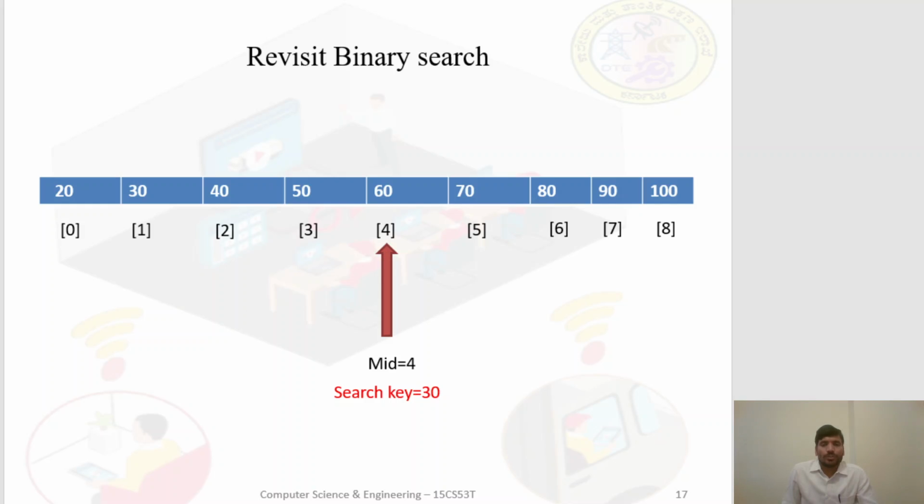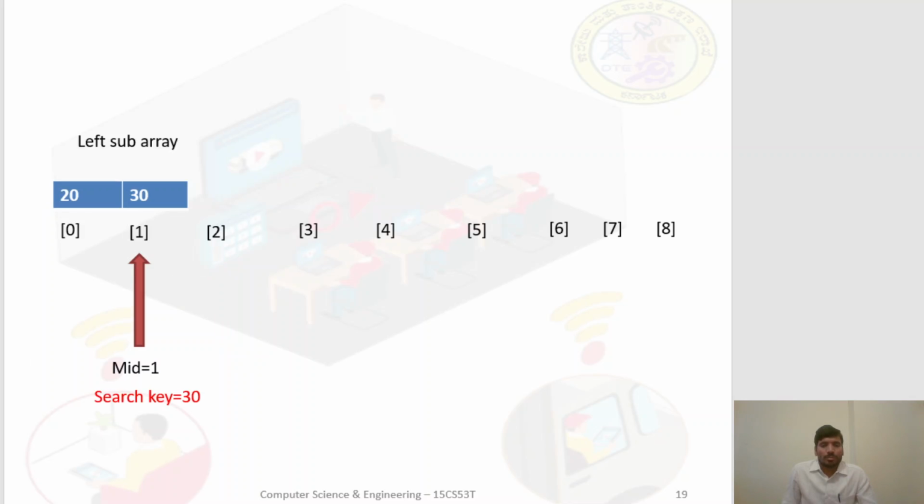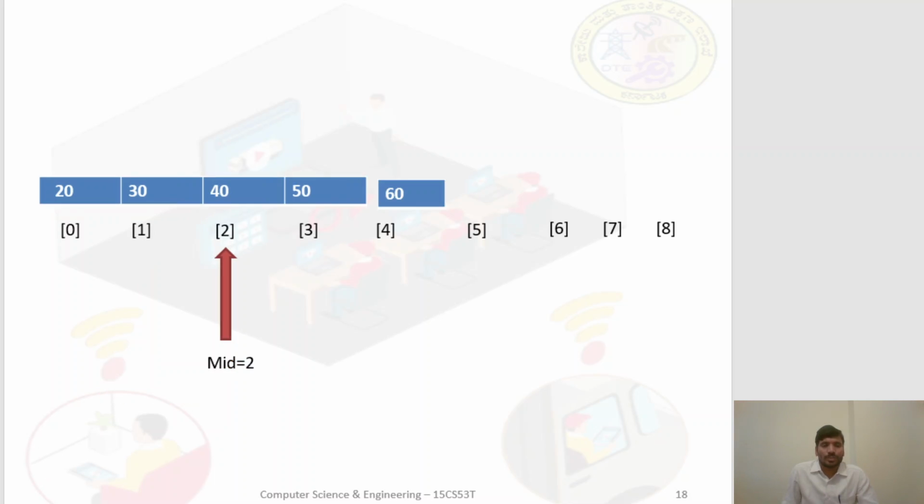Next iteration, if we divide by 2, that is 0 plus 4 divided by 2, we get 2. Now the mid value is 2. Again it is reduced to 2, and if I find again low plus high divided by 2, the mid index will become 1. Meaning to say, every time I am reducing the problem size by a constant factor, which is 2. Every time we are dividing by 2.